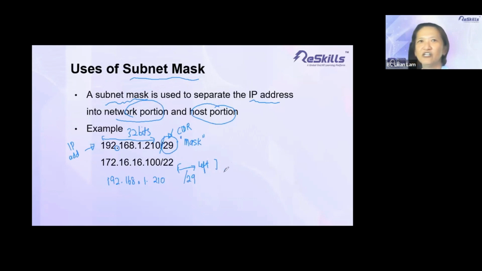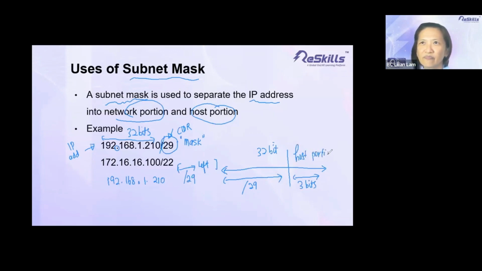The full IP address is 32 bits, so if we take 29 bits as the mask, the leftover is 32 minus 29, which means we only have 3 bits left. We call this the host portion, and the front 29 bits is called the network portion.